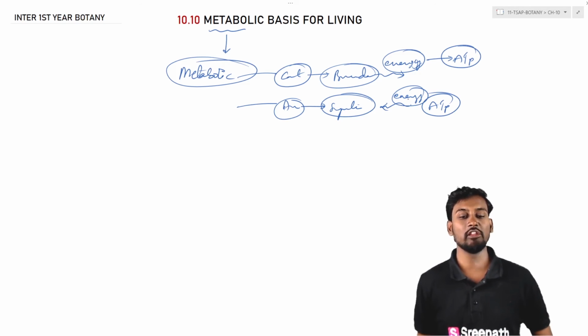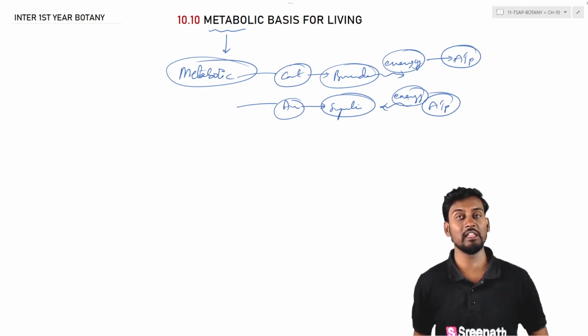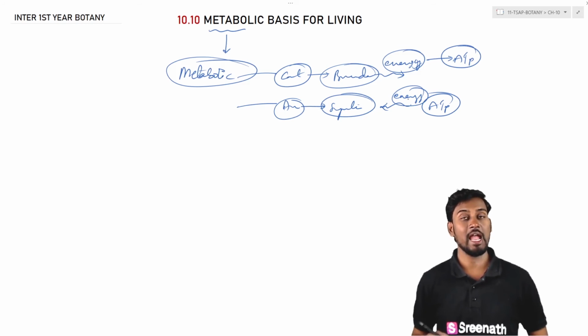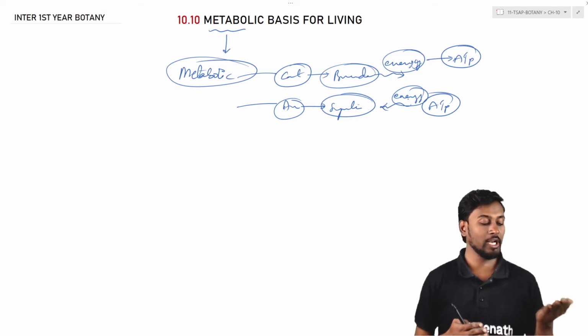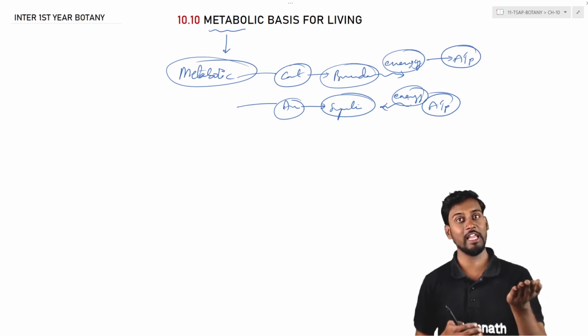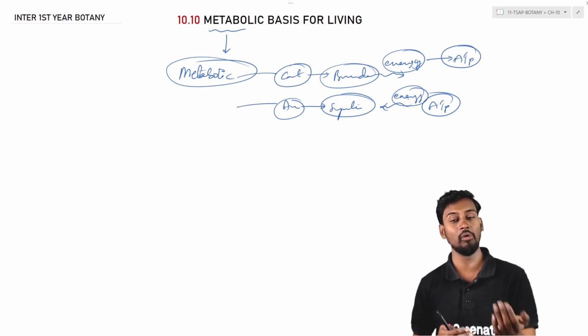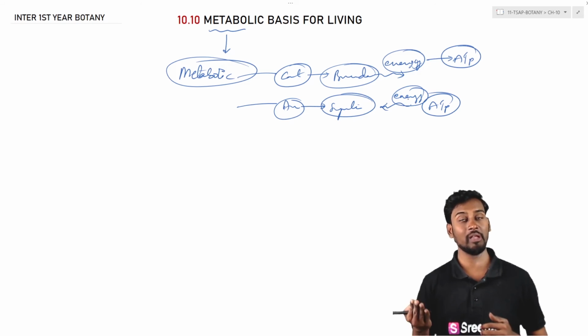Here the ATP molecule is involved in providing the energy for the anabolic or synthetic molecule. So generally we need to remember: when breakdown happens, energy is released and stored in the form of ATP. When synthesis happens, energy is needed, and that energy is also used in the form of ATP.